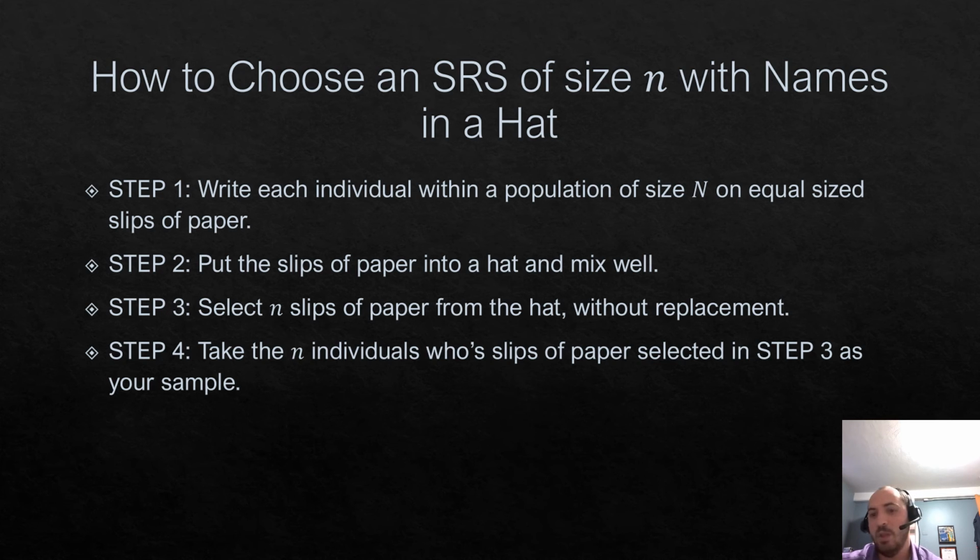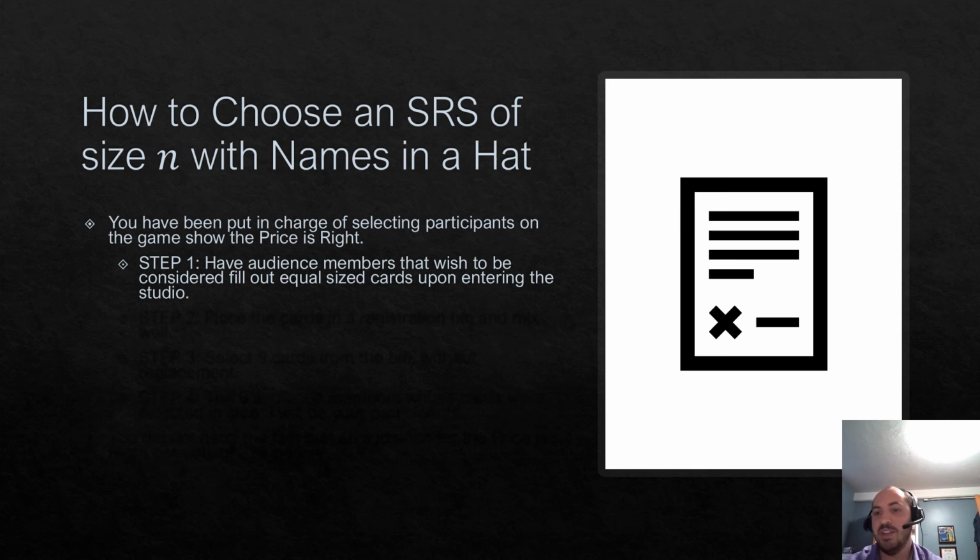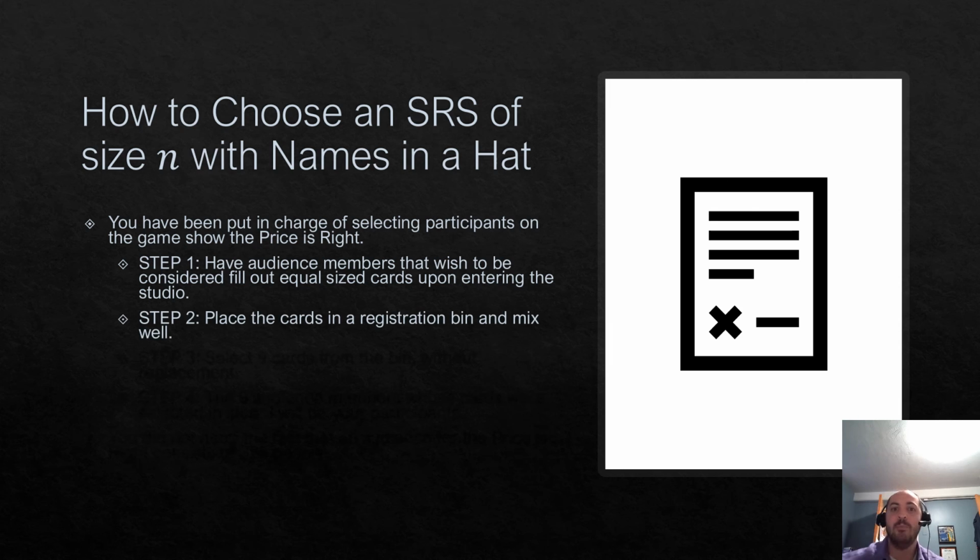So an example of this would be as follows. You have been put in charge of selecting participants for the game show The Price is Right. Step 1 is having each audience member that wishes to be considered fill out an equal size card upon entering the studio. They will then place them into a registration bin or hat, and they will be mixed up well.